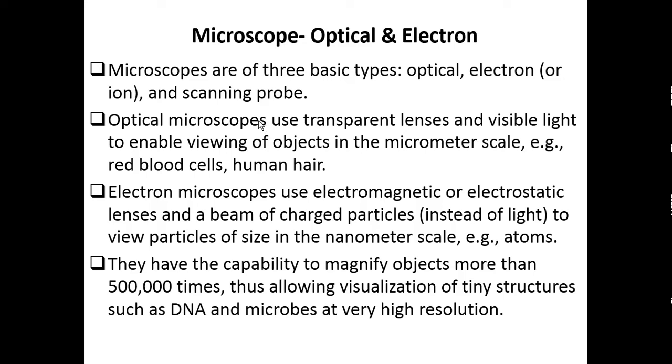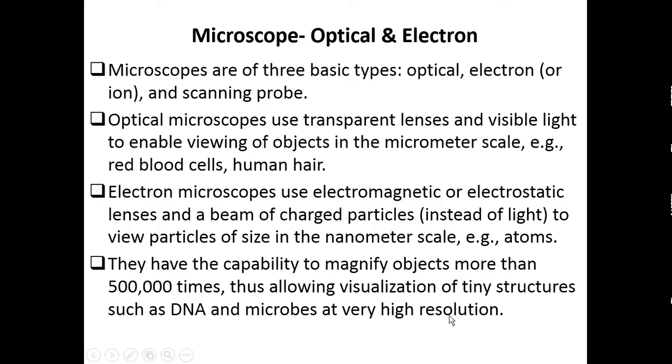They have the capability to magnify objects more than 500,000 times. The surface of the object can be magnified 500,000 times, thus allowing visualization of tiny structures such as DNA and microbes at a very high resolution.